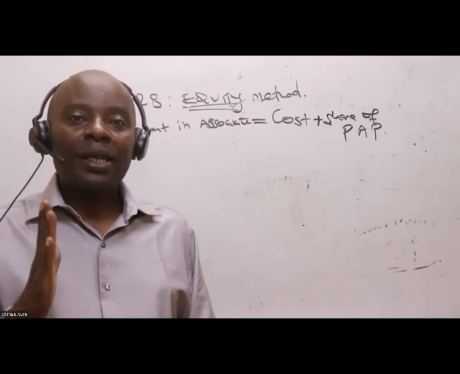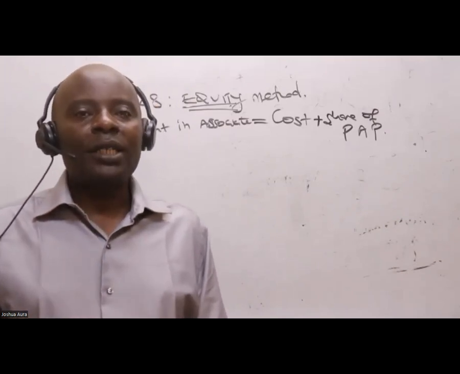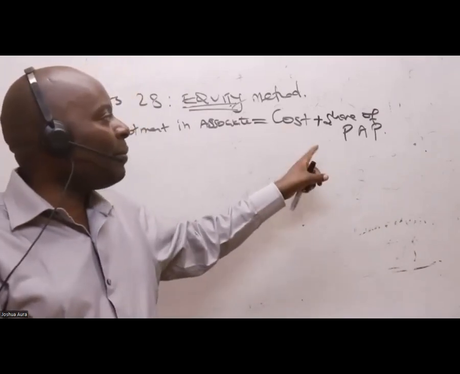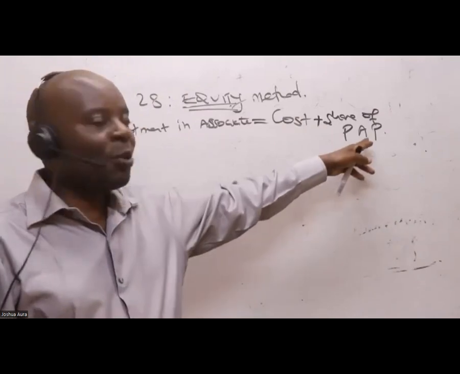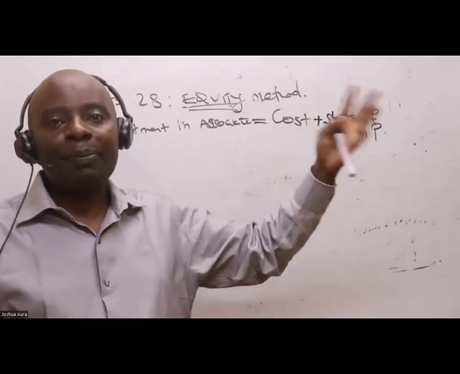So remember, for investment in associates, we normally use the equity method. But now remember, in the public sector, we don't talk of profits. We talk of surpluses, isn't it?